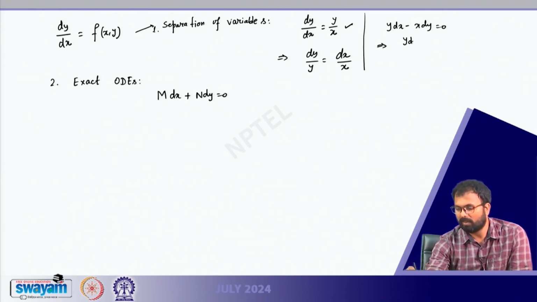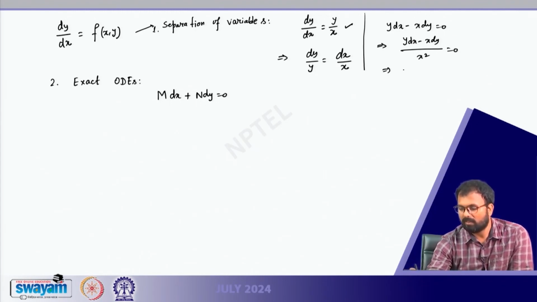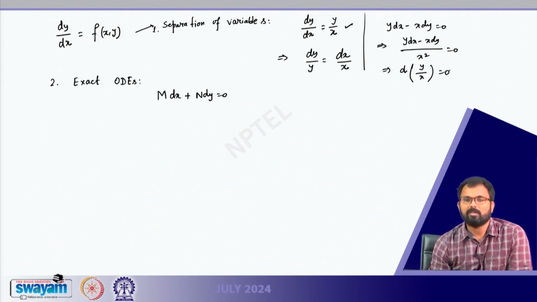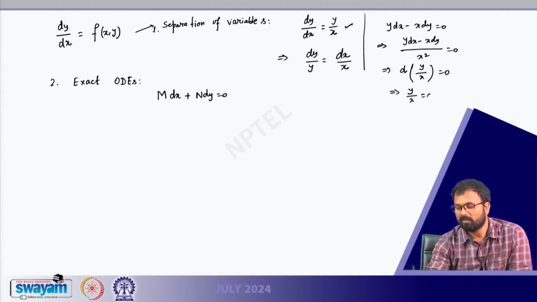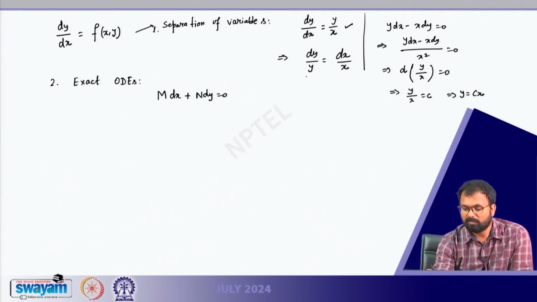So this becomes (y dx minus x dy) by x squared, and this can be written as d of (y by x), right. Now you can integrate both sides and you will get y by x equals some c, which gives y equals cx.